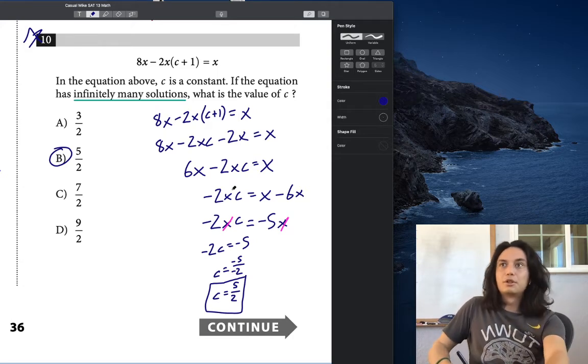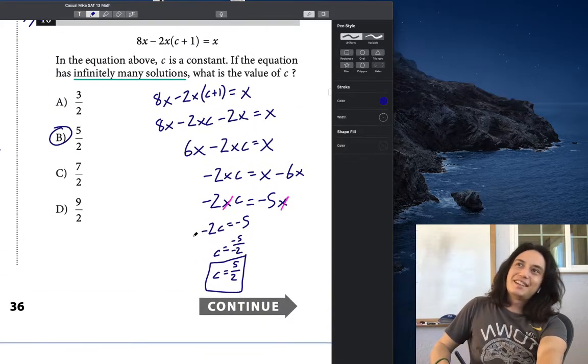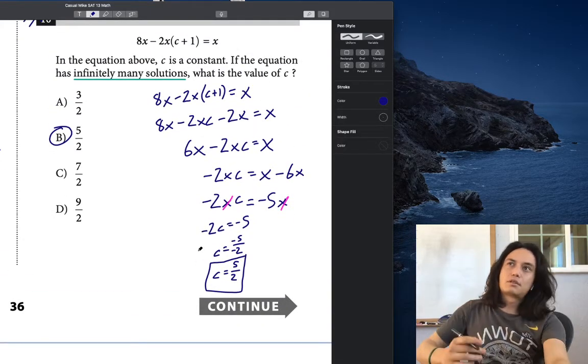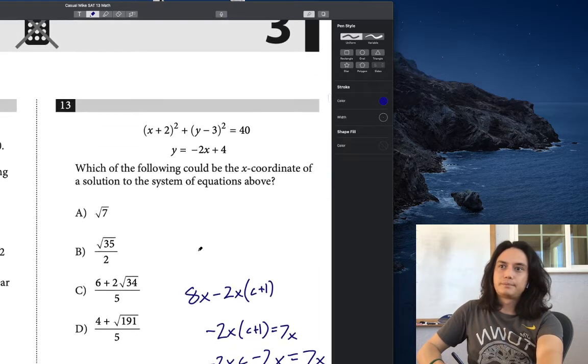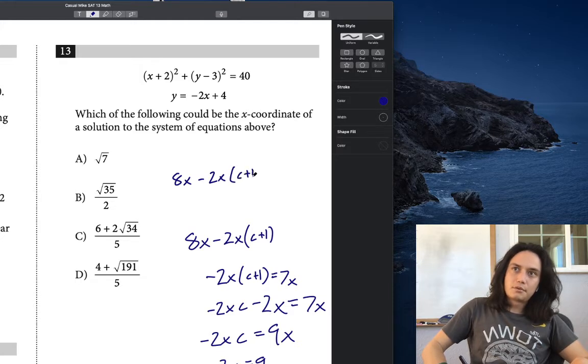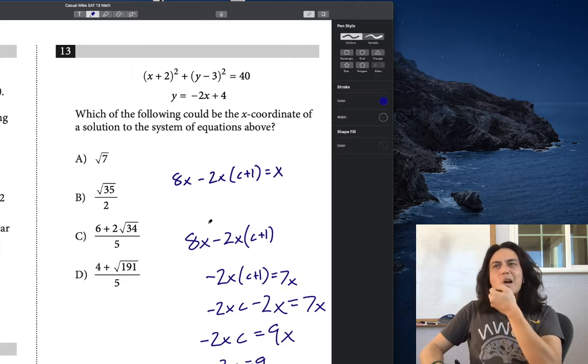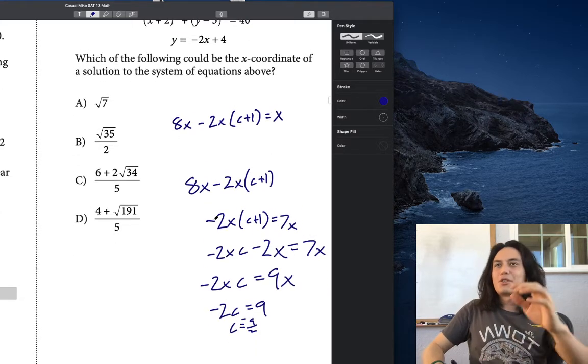Now that I have infinite time, I'm going to look back at my work and ask, what did I do? 8x minus 2x times c plus 1 equals x. And what was my logic?